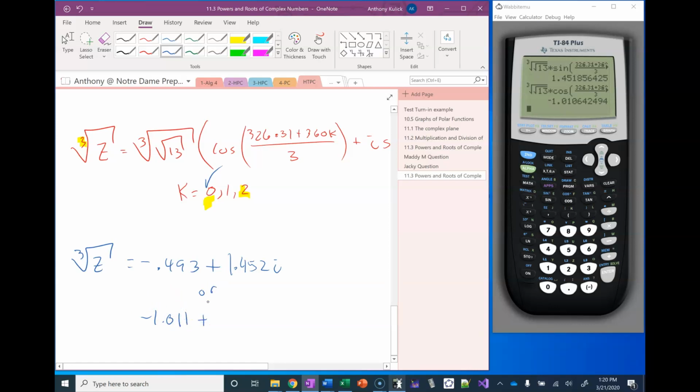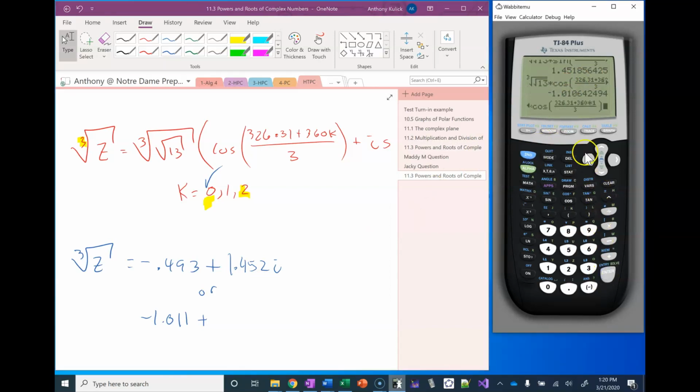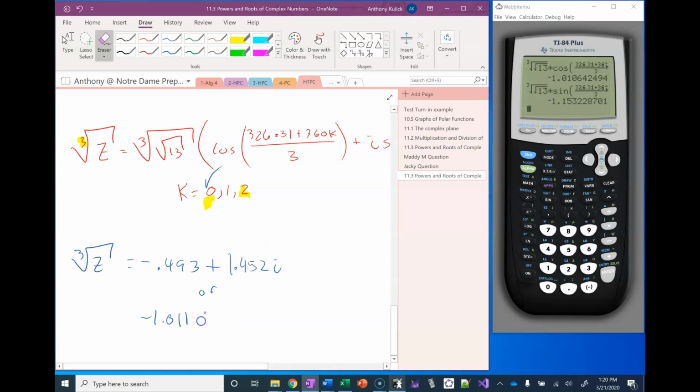So that would be negative 1.011. And then I'll press second and enter, and I just need to change that cosine into a sine. And there's my imaginary part. So instead of a plus sign here, I'm going to write a subtraction symbol since that's negative, 153i.